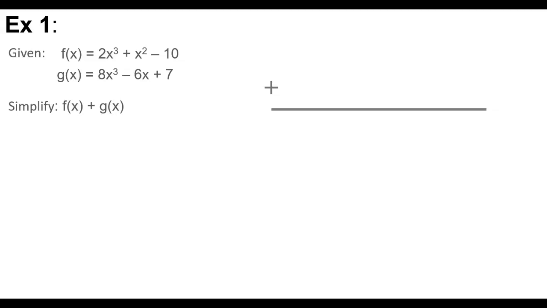So do you see how some of the stuff is missing here? When we write it, we're going to make sure we don't forget it, and we're going to write a 0 term. So when I rewrite f of x, go and write this down. Okay, I'm going to rewrite below, number 1. Okay, when I rewrite it, since the x term is missing, I'm going to put 0x there. Hope that makes sense. If you got something missing, you can write it with a 0.